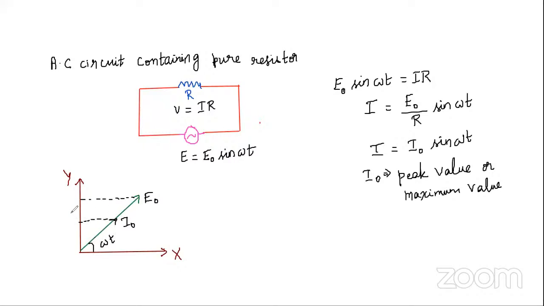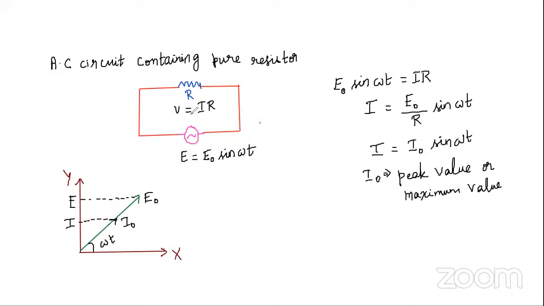Omega t, this is E and this is I. Because from this equation itself you can understand I equal to E naught by R sin omega t. You don't find any phase here. So there is no phase difference between the EMF and current in the phasor diagram.